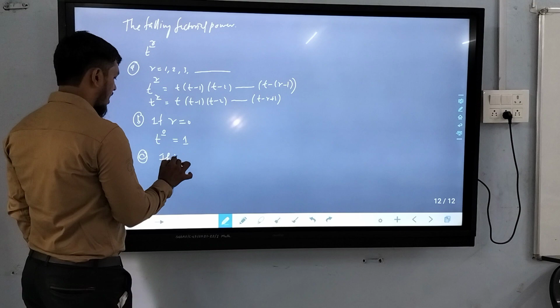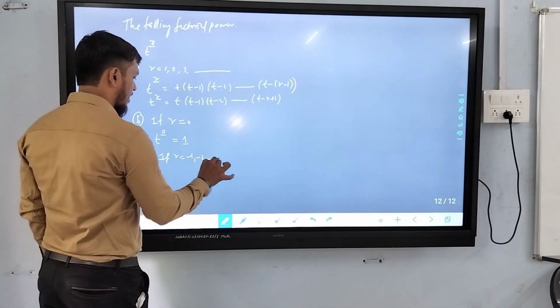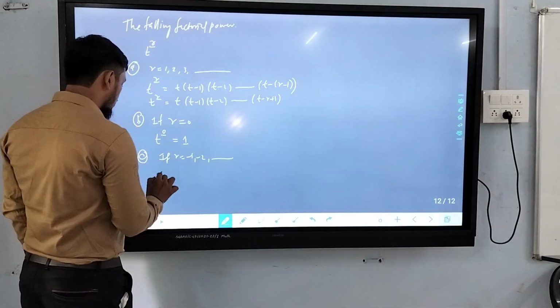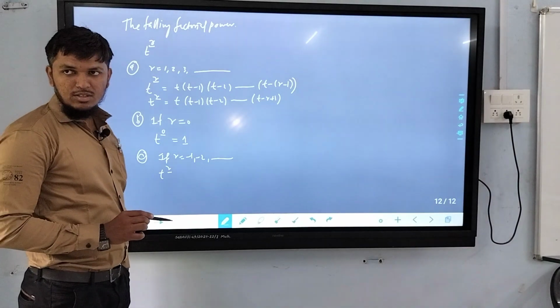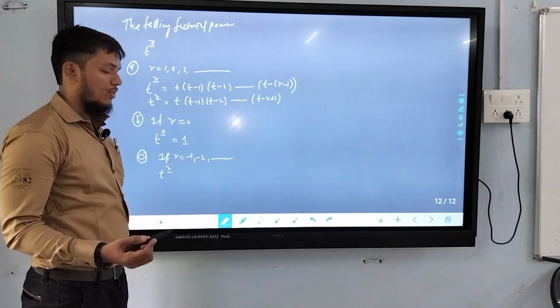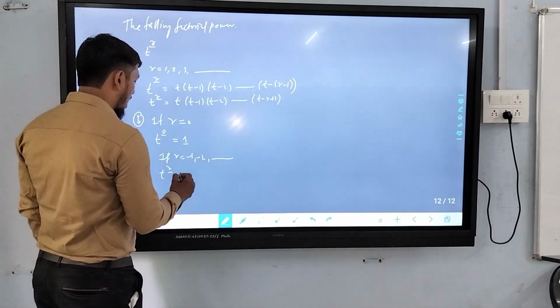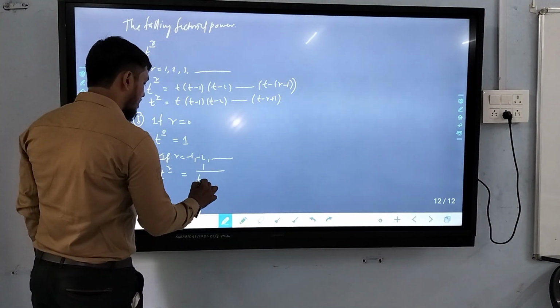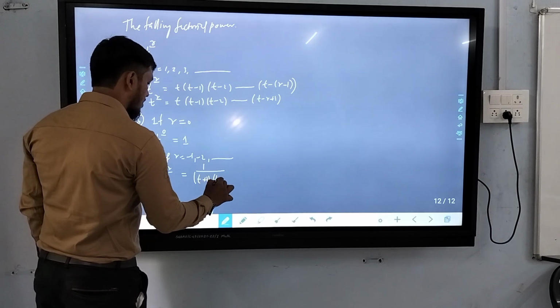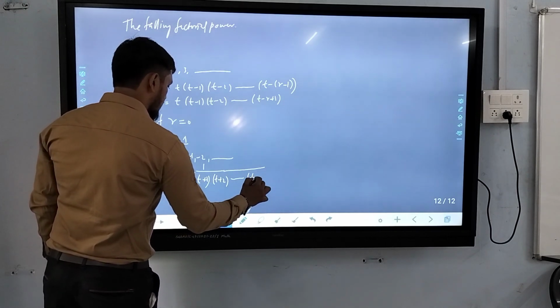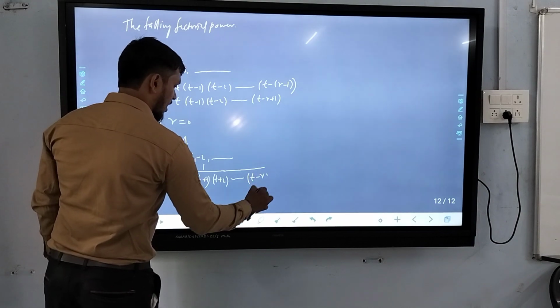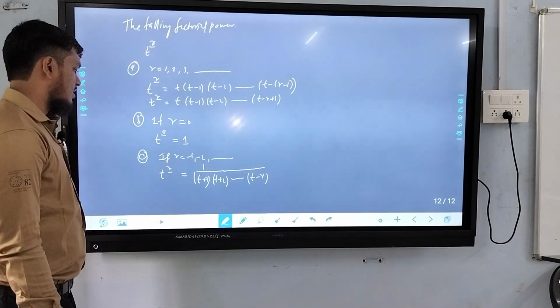And if r is equal to minus 1, minus 2 and so on, then what is t to the r falling for r negative integers? The value of t to the r falling is 1 upon t plus 1, then t plus 2 and so on.